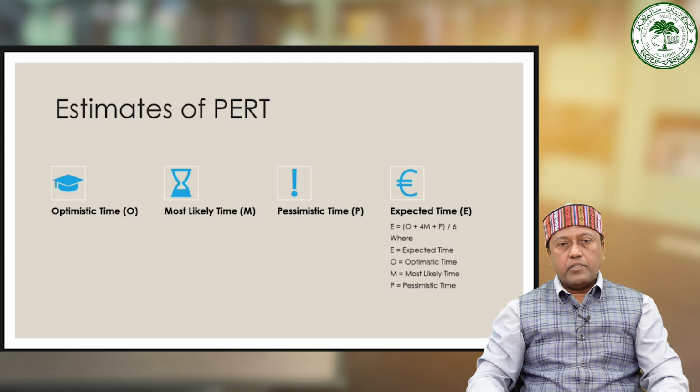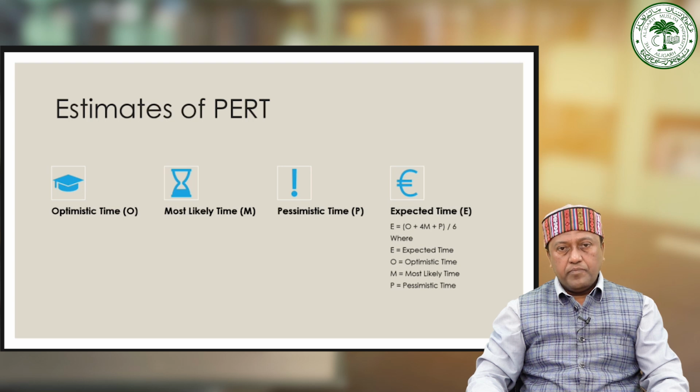Then estimates of PERT. What actually is the technique employed in the estimation? Basically, there are three types of time estimates for each activity that you can see here: optimistic time O, most likely time M, pessimistic time P, and expected time E. Let me tell you what these are.